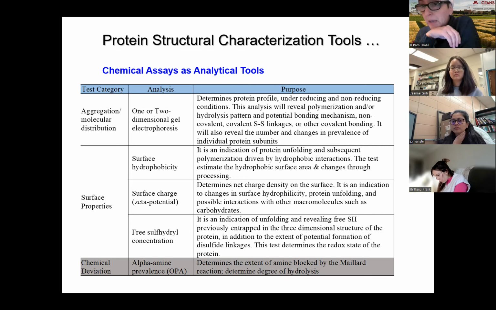We use OPA reagent because OPA reacts with the primary amine or a free amine that has NH2 or NH3+, and gives you a fluorescent compound or a compound that absorbs light.